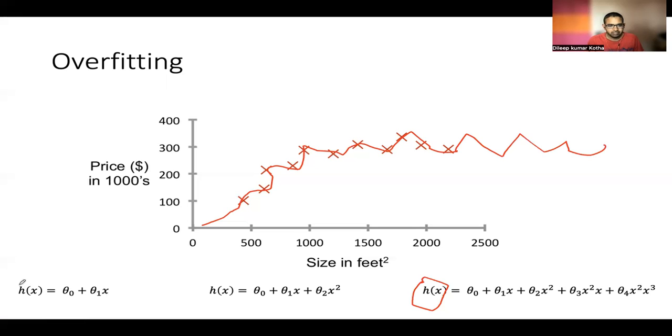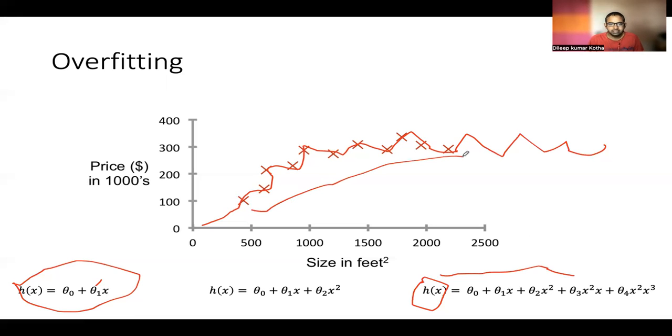And if we take the starting linear equation, we call it high bias, because we are using less number of features, and in effect the parameters we are trying to determine the hypothesis. So this problem of having high variance is called overfitting, because we are trying to fit every training data point into our hypothesis.